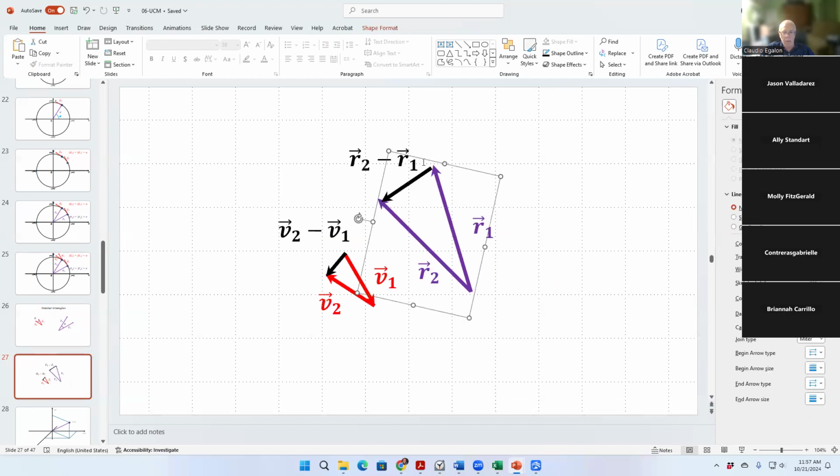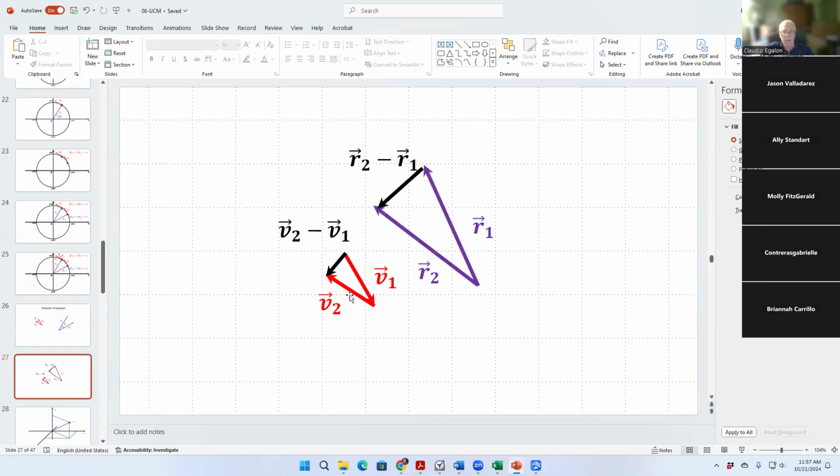Those two triangles are similar because this angle is the same and this side is equal to this side as well. This side equal to this side. So what else? There's more.